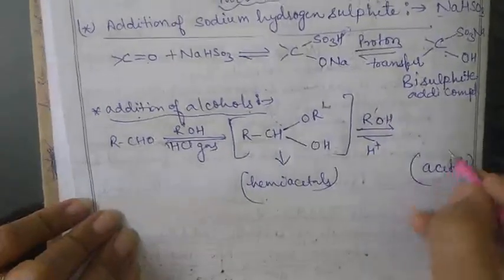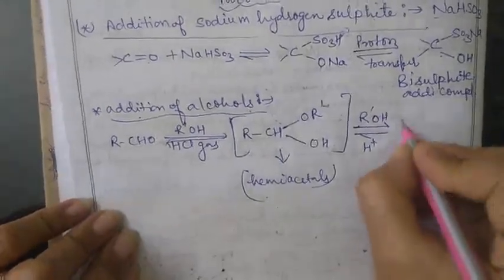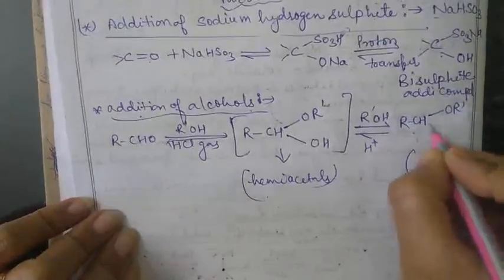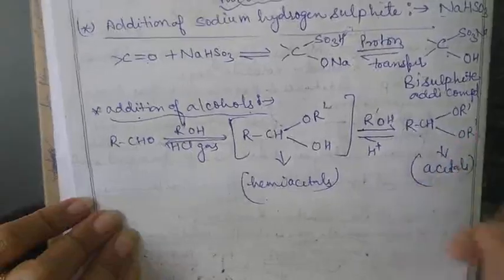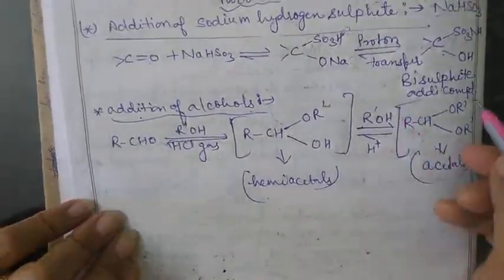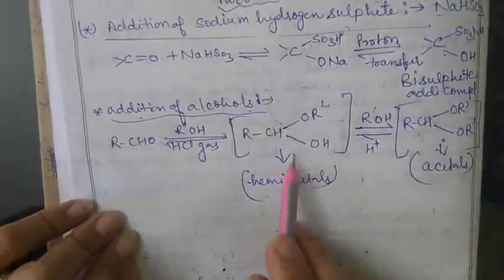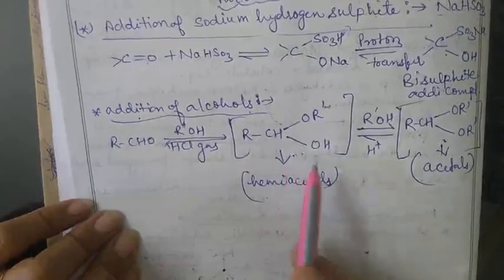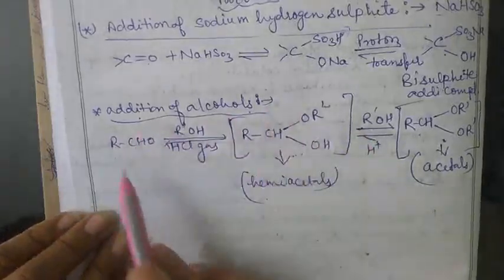What is the formula for the acetal? That is RCH with OR and OR dash. So this is the formula for the acetal, and this is the formula for the hemiacetal. Clear? So this is the reaction with the aldehyde.